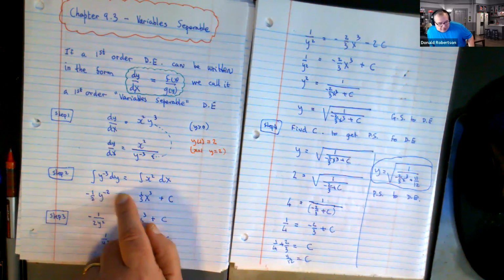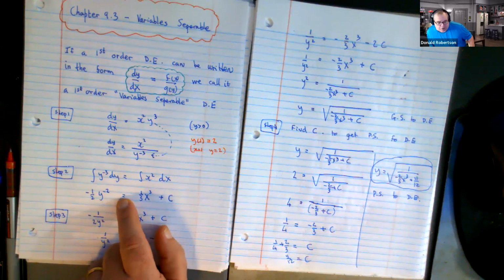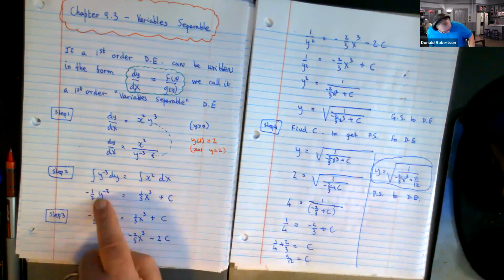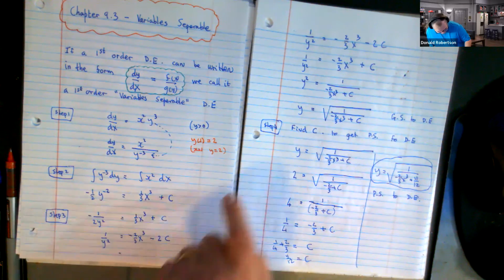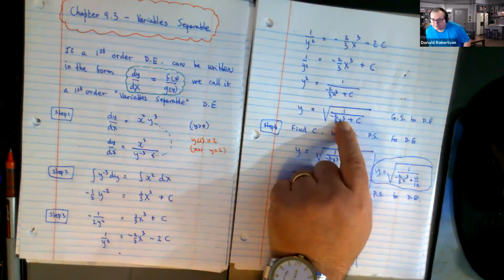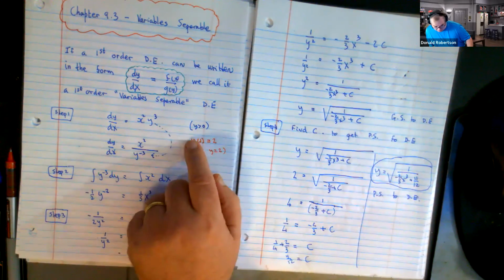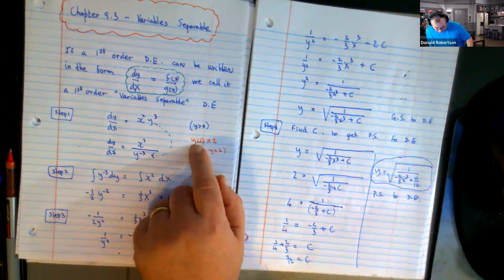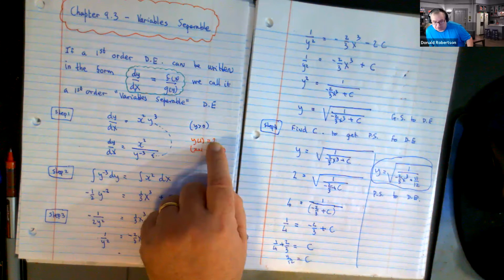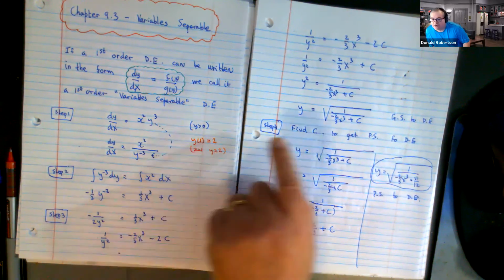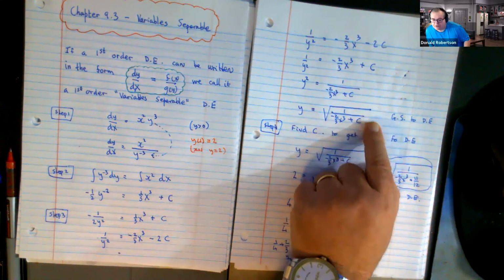Once you've got that done, your goal is to get y equals. And how easy that is depends on what you get here. But eventually we got this. And that may be the end of the question. But if you're told an initial or boundary condition like this, what that means is that you can now take your general solution and find c.